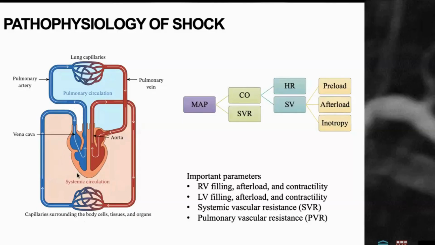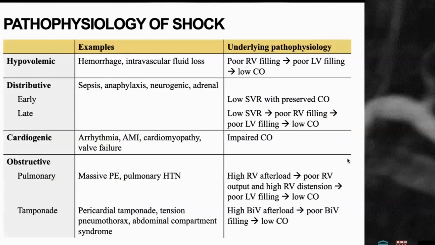Now again, you're in the cycle of poor RV preload, poor LV filling, and then poor LV output. And then your PVR, your pulmonary vascular resistance, is almost the same thing as RV afterload, where if you have a high pulmonary vascular resistance, your right heart is going to have a hard time pumping out.